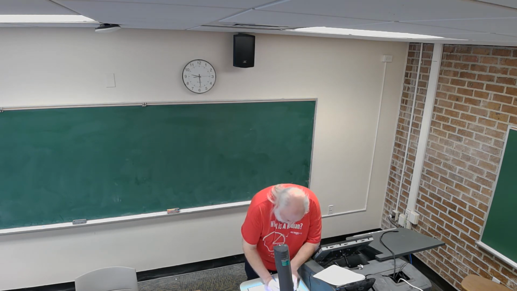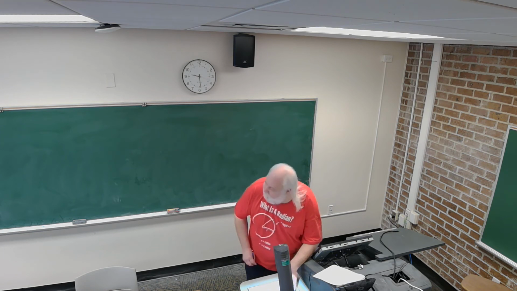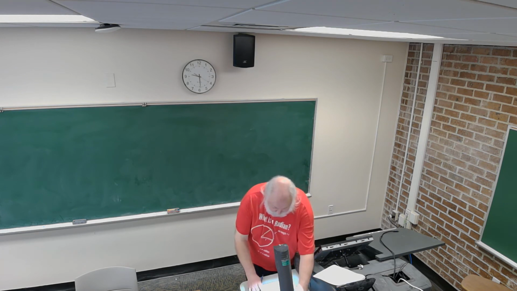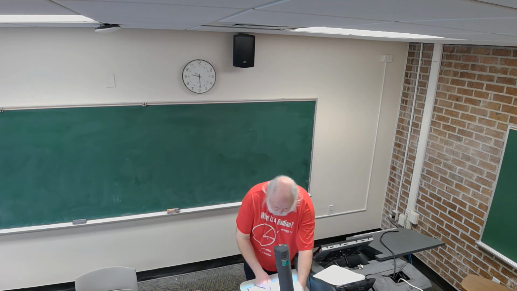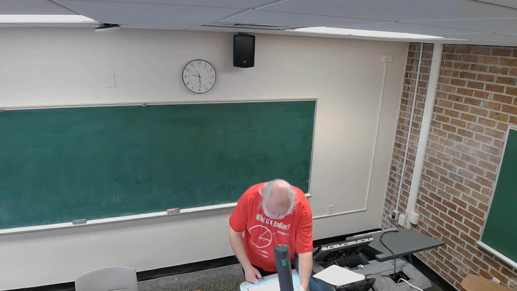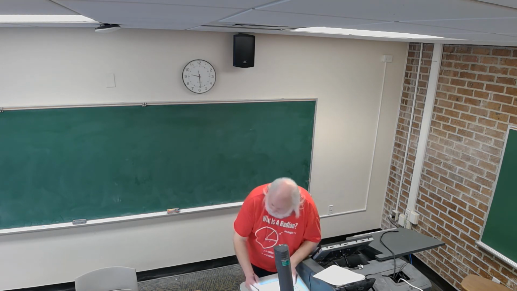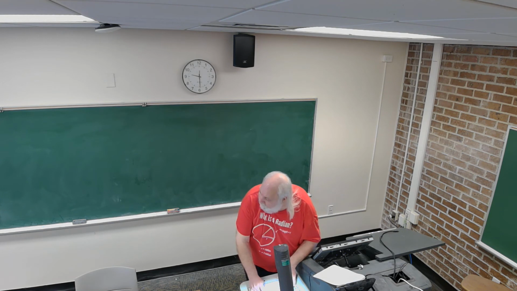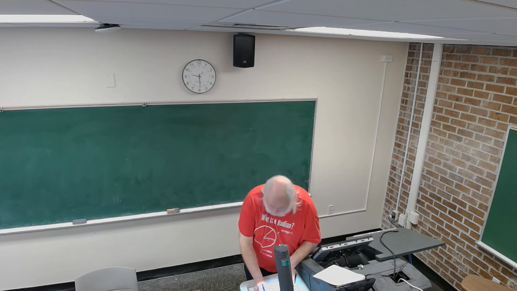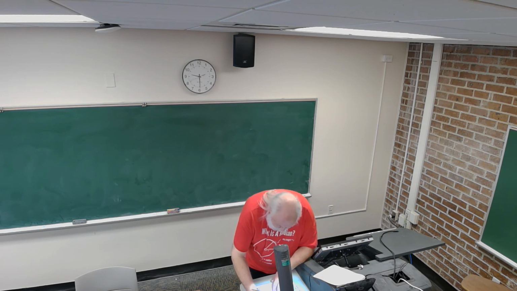So f of 2.1 is equal to plus 10. When I put in 2.1 for x, 2.1 minus 2 is 0.1. The reciprocal of 0.1 is 10. And so the graph goes up to the right of the vertical asymptote.